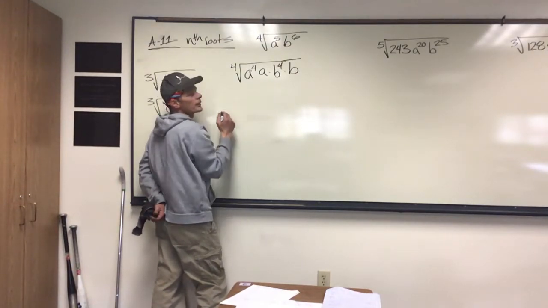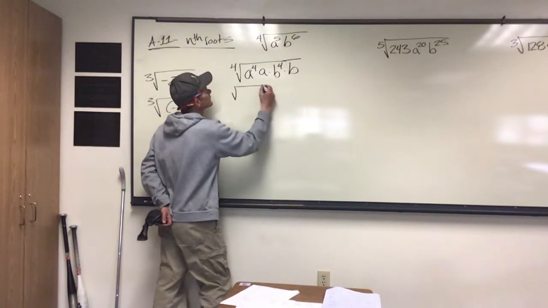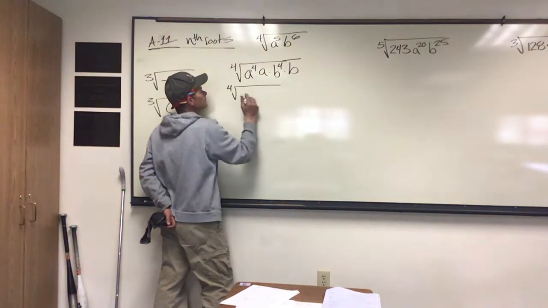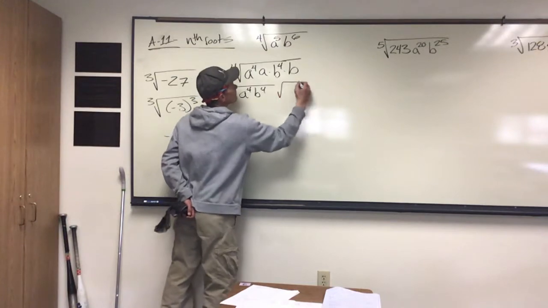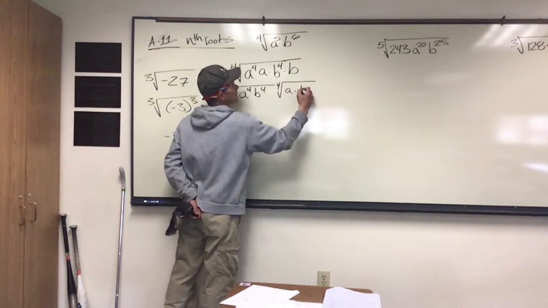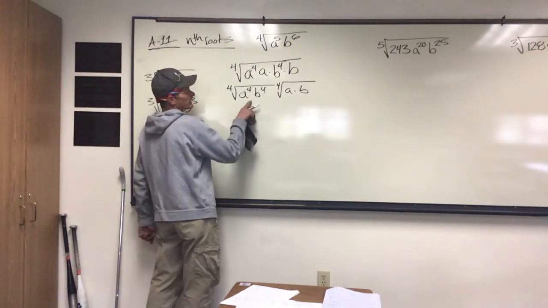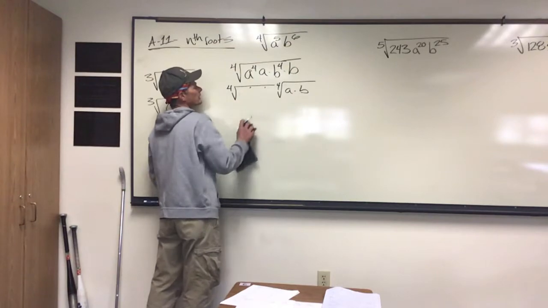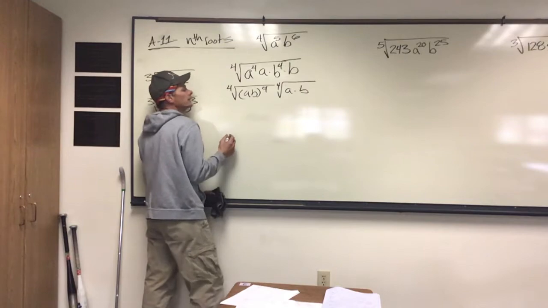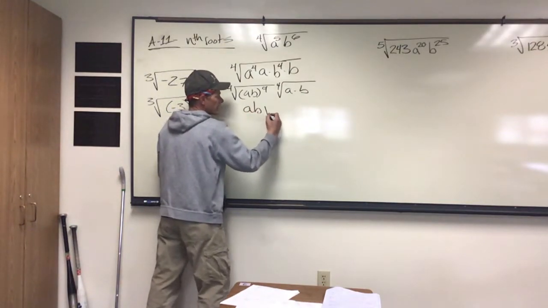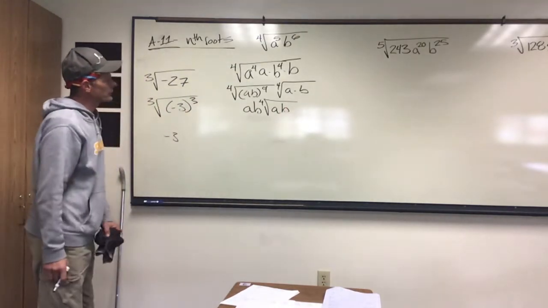Remember that a root of a product is a product of roots, so I'm going to write the fourth root of a to the 4th times b to the 4th times the fourth root of a times b. So I just rearrange things. This one, a to the 4th, b to the 4th, notice is the same as ab raised to the 4th. Either way, I get ab times the fourth root of ab. And that one's not so bad.